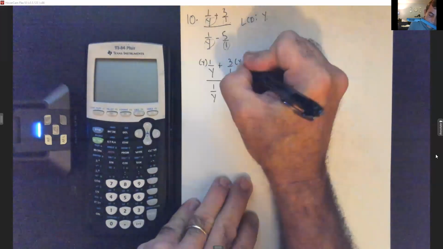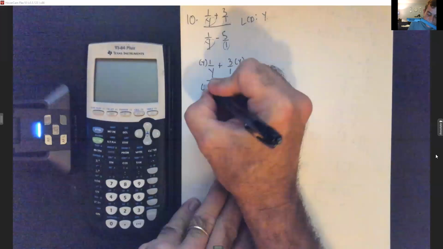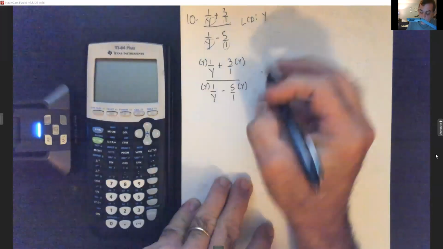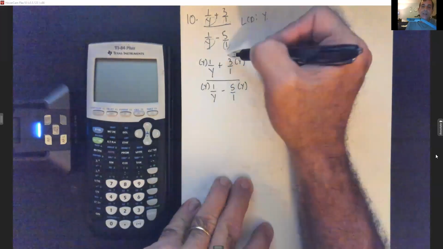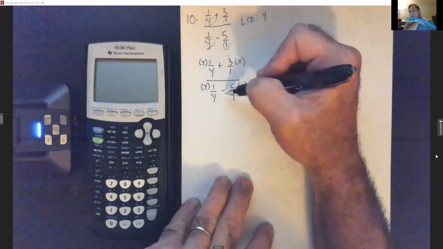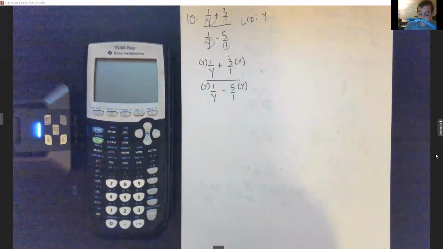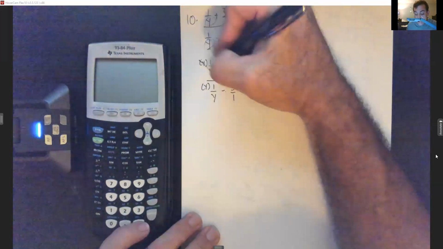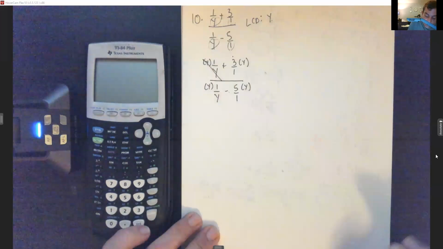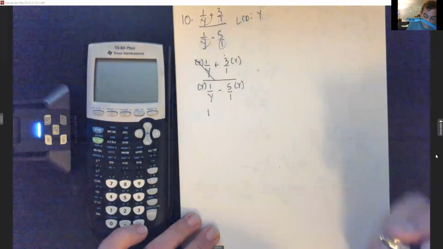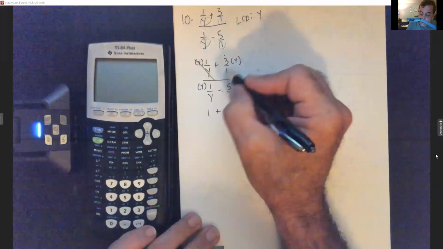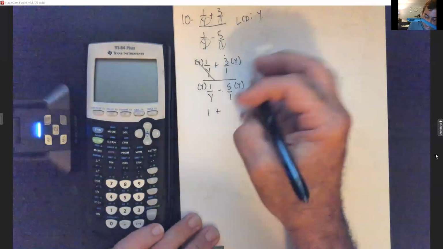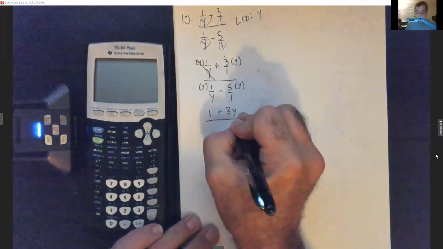So see, the reason I'm doing this is because multiplication distributes over addition and subtraction. And what you do to the top of a fraction, you do to the bottom of a fraction when it comes to multiplying, okay? But watch this. Those y's canceled out, and all that's left is the 1. Over here, there's nothing on the bottom but a 1, so you multiply the 3 times y and make that a 3y.